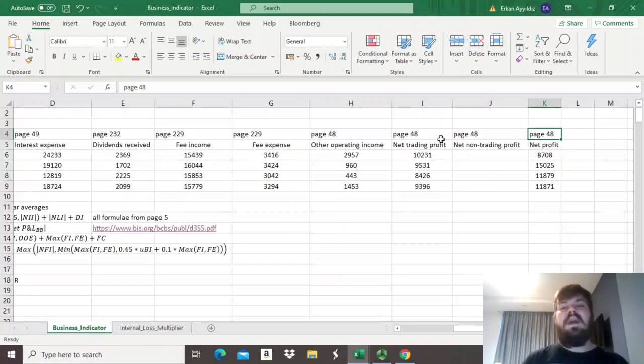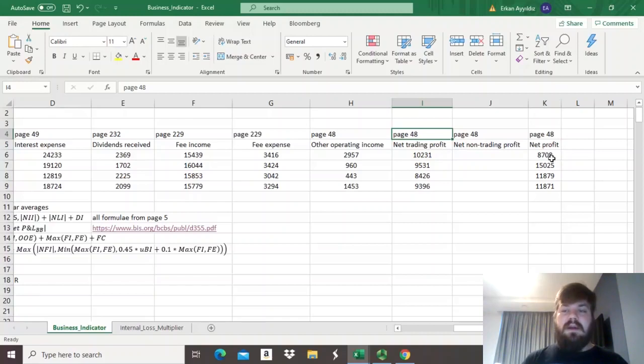So here, net trading profit can be estimated as net profit from trading and securities held for sale, which is a very common disclosure element. So you can just rely on this as your net profit from the trading book activities proxy.